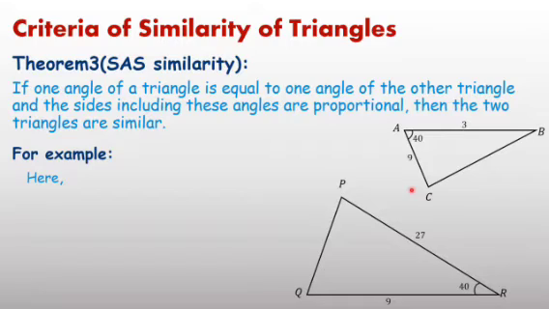It implies corresponding sides you can easily find here: AB upon RQ equal to 1 upon 3, and AC upon RP again 1 upon 3. It implies the ratio of corresponding sides is 1 upon 3. AB upon RP equal to AC upon RQ equal to 1 upon 3, and angle A equal to R equal to 40 degrees.